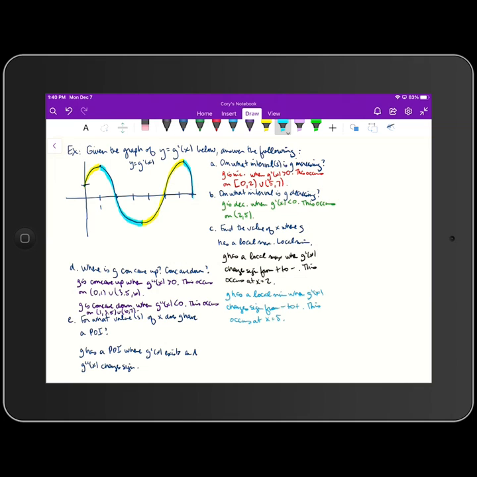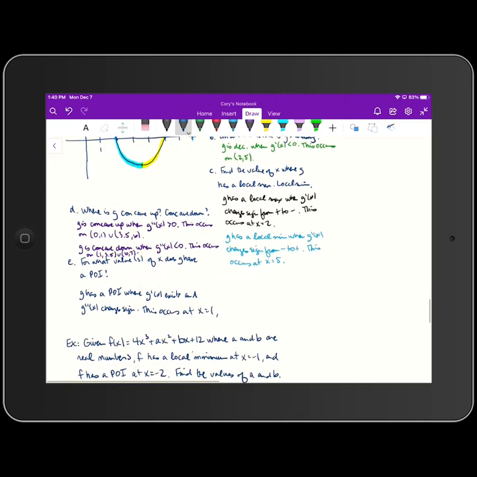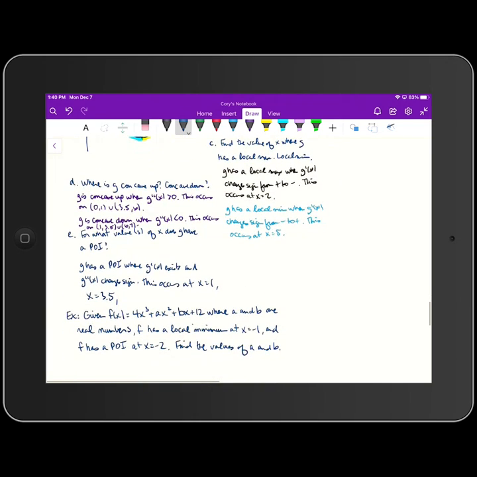So where the second derivative changes sign occurs at x is equal to 1. The next point is x is equal to 3.5. And the last point is at x is equal to 6. So that's how you find the points of inflection for that graph.